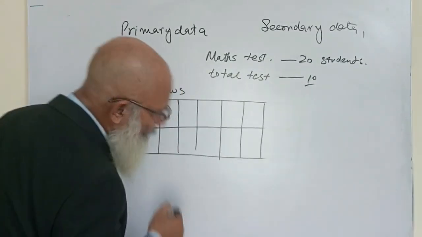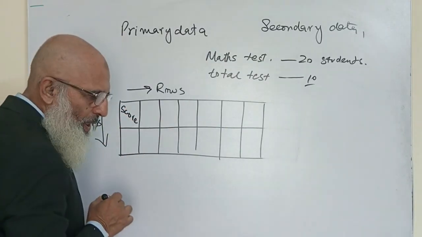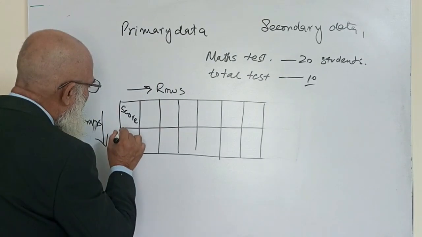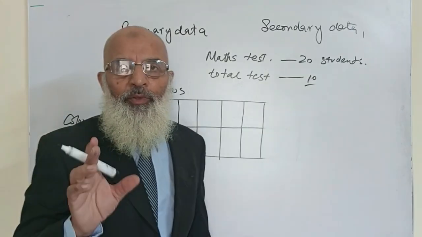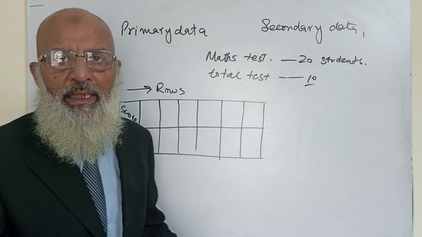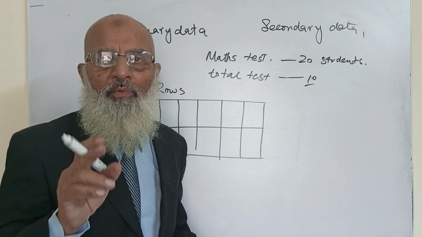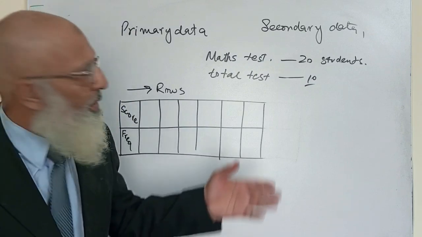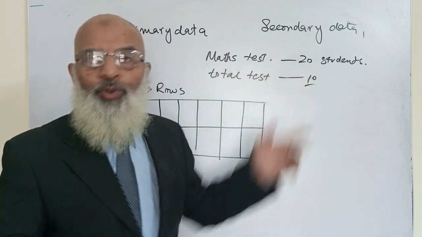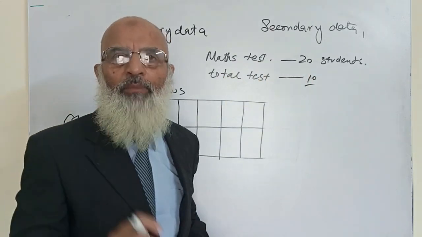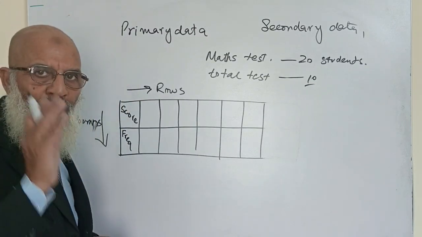What we write here is score and frequency. Now what is frequency? Frequency is how many times something came repeatedly. For example, if 4 students got 4 numbers each, then the frequency is 4. 4 students mean 4 frequency.